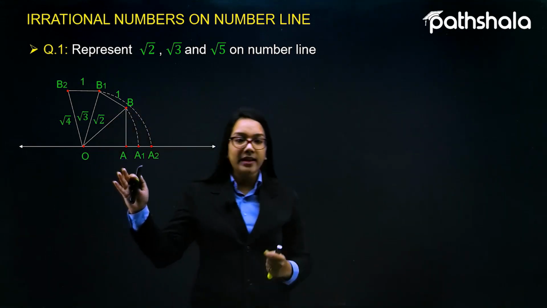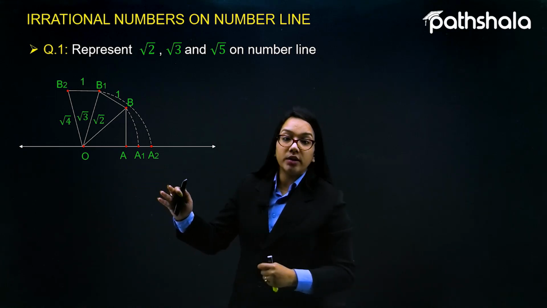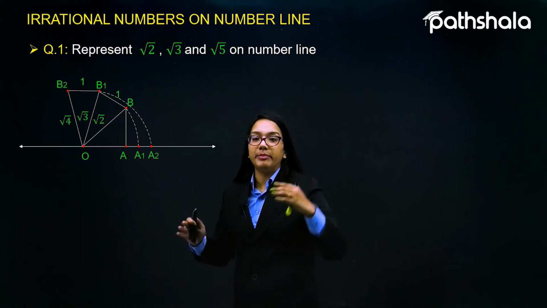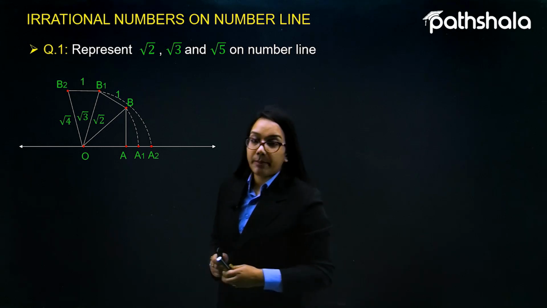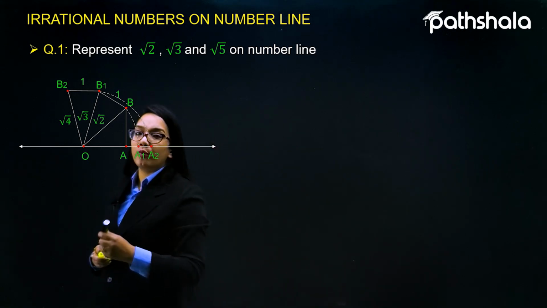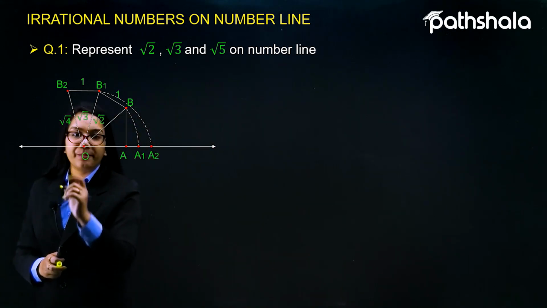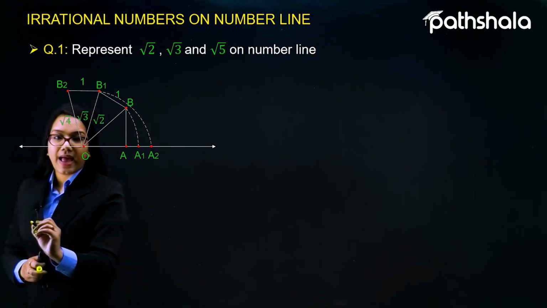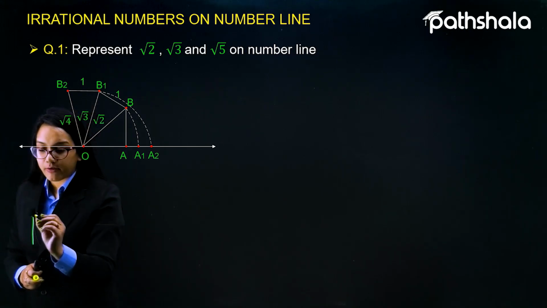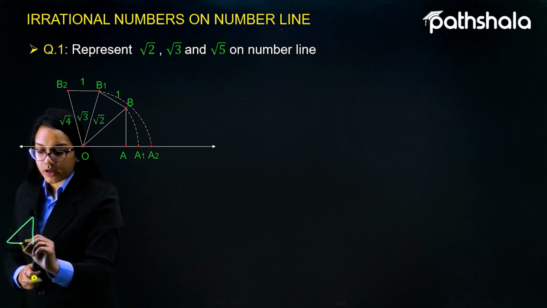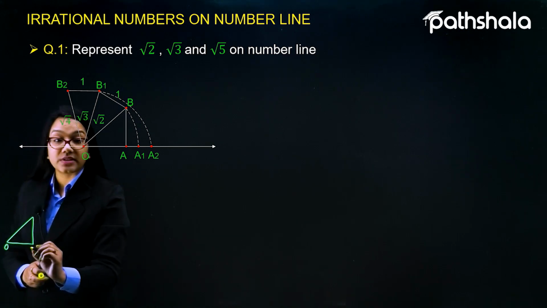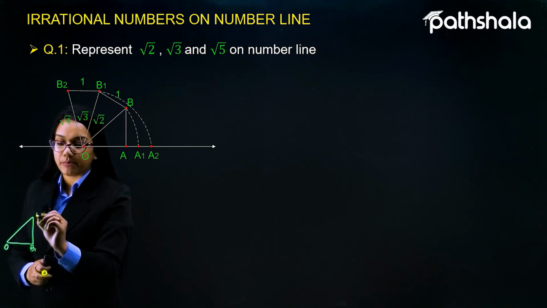We can use the Pythagoras theorem on the triangle OB1B2. We have O, this is B1 and this is B2.